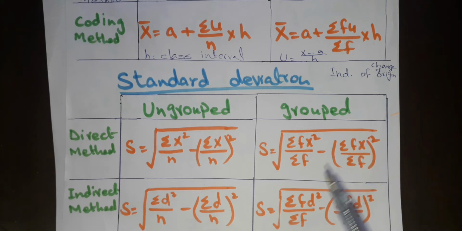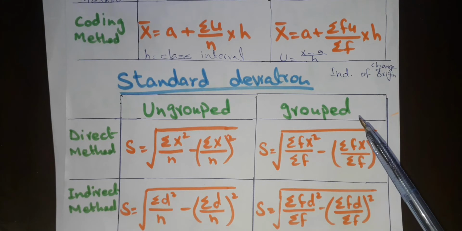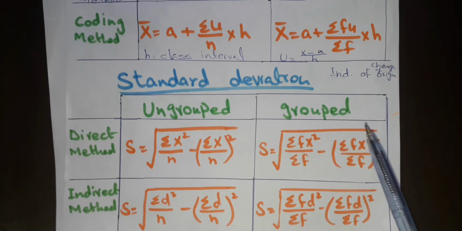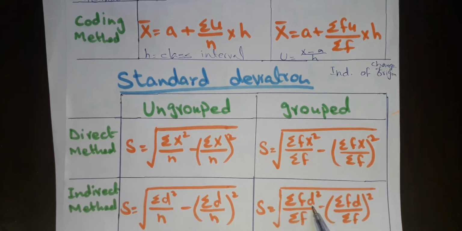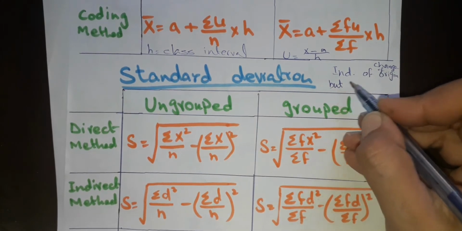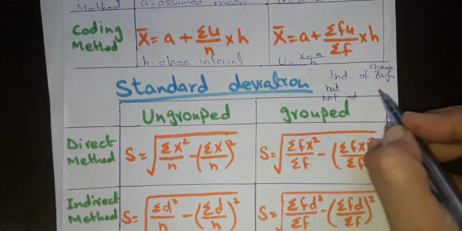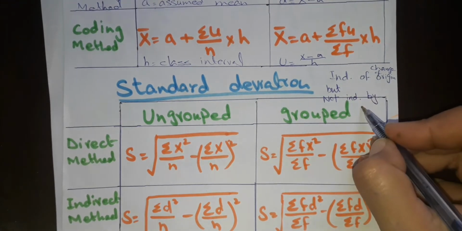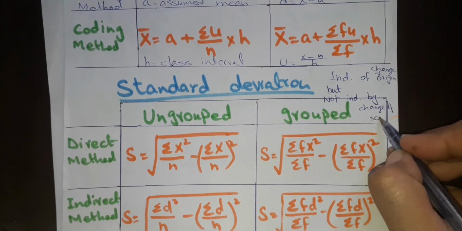It means that if we change the origin, that is, we plus or minus some constant, it will have no effect on standard deviation. It will be the same as this one, just replace x by d, otherwise there is no change. But it is not independent of change of scale.